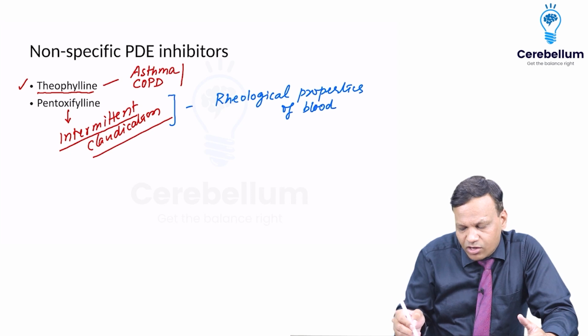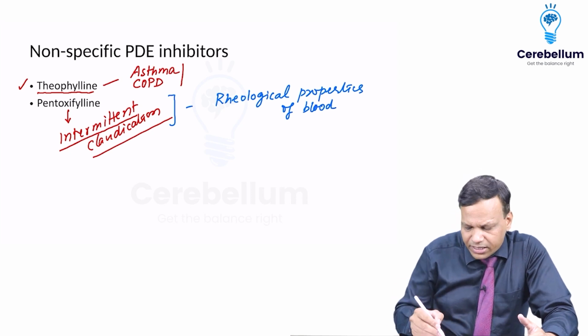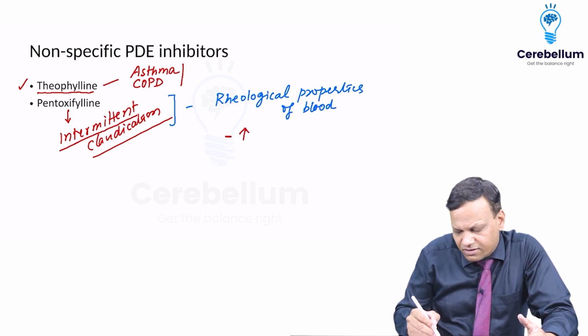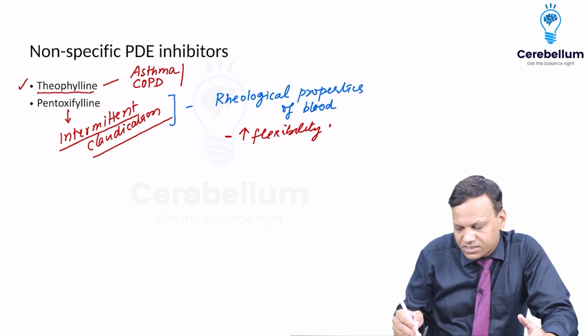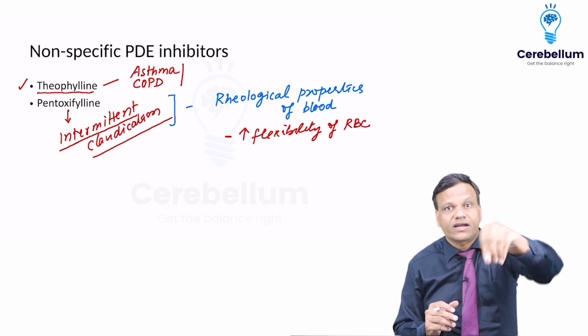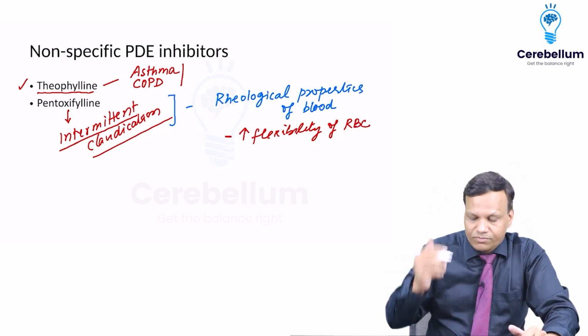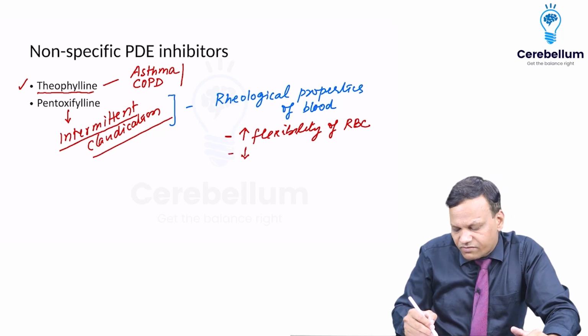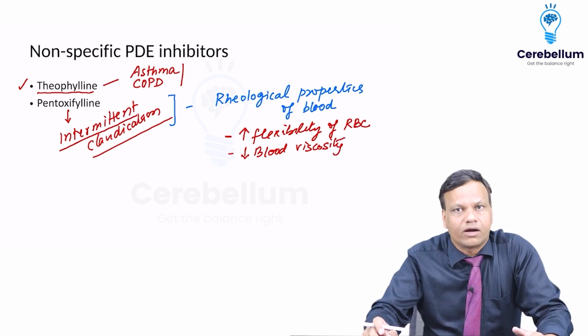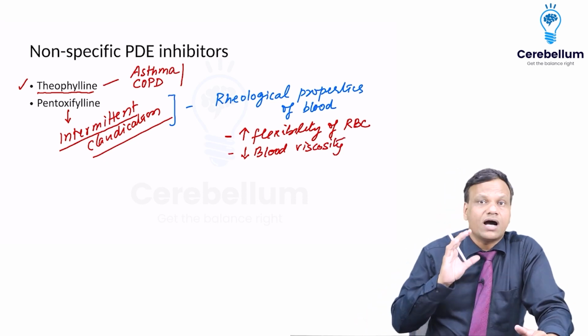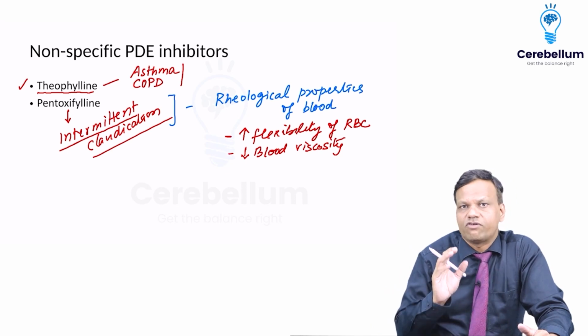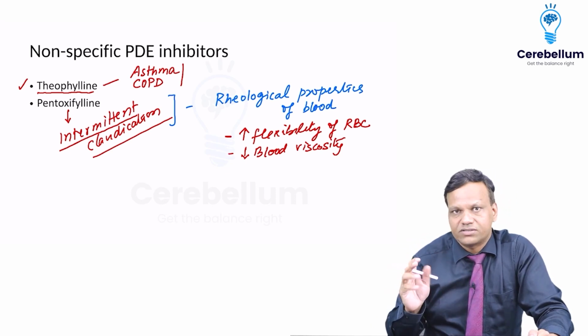What do we mean by rheological properties of blood? It increases the flexibility of RBCs, so even in a deformed vessel they can pass. Then it also decreases blood viscosity. By changing these things, it decreases the episodes of intermittent claudication. So these are important points regarding the phosphodiesterase inhibitors.